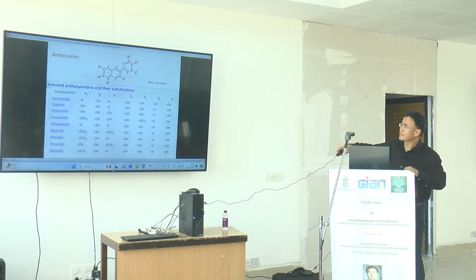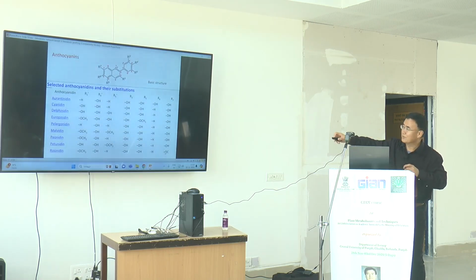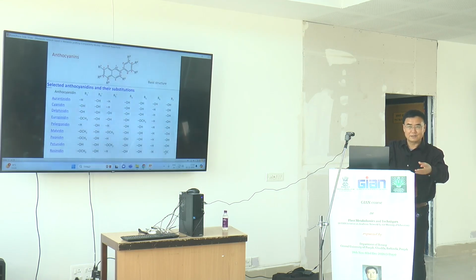In some plants it is a cyanidin derivative, and in some purple plants, purple flowers, maybe delphinidin. They show purple, but in some red or light red ones, probably cyanidin.